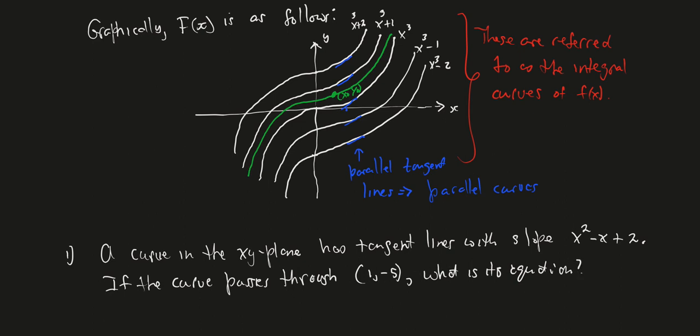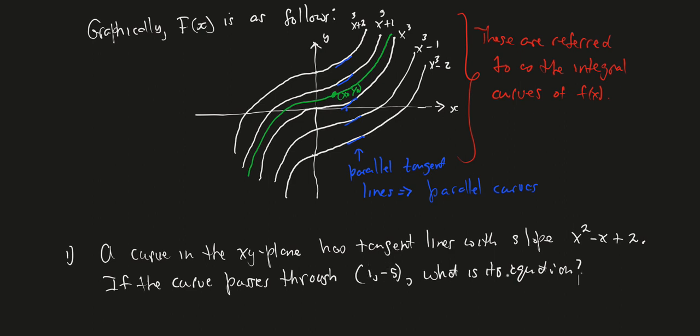So we have a curve, right? So it's one of these curves. And we know the slope of the tangent lines. In other words, the slope of these blue lines is given by x squared minus x plus 2. And we know that the specific curve that we want passes through the point (1, -5).